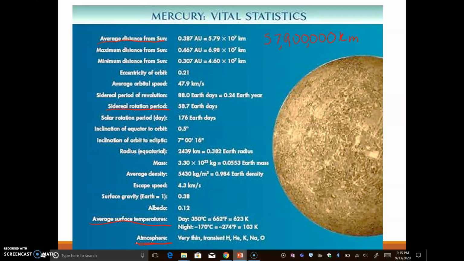So we're looking at only 58.7 Earth days for rotation, and about a quarter of the Earth year, so 88 days, to go completely around the Sun. And then our temperatures here are 662 degrees Fahrenheit, so that's real hot. And then we have a very thin atmosphere here made of hydrogen, helium, potassium, sodium, and oxygen on Mercury.